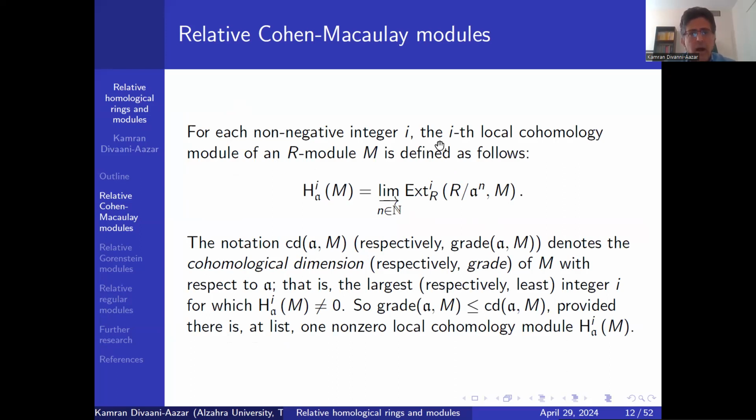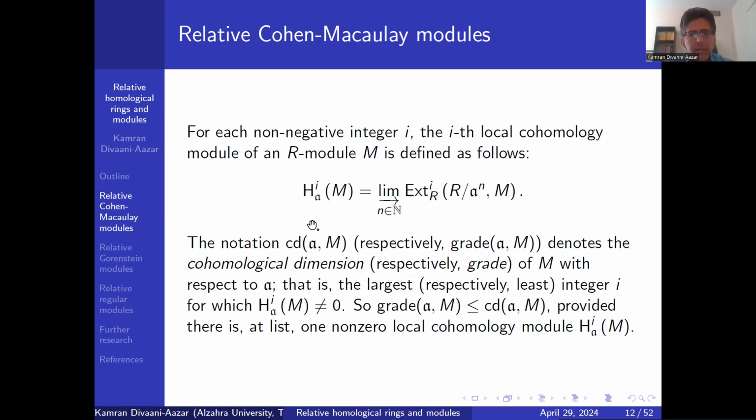Let i be a non-negative integer and M an R-module. Its ith local cohomology with respect to an ideal A is defined as follows. It's a direct limit of some Ext modules and is denoted by this notation.